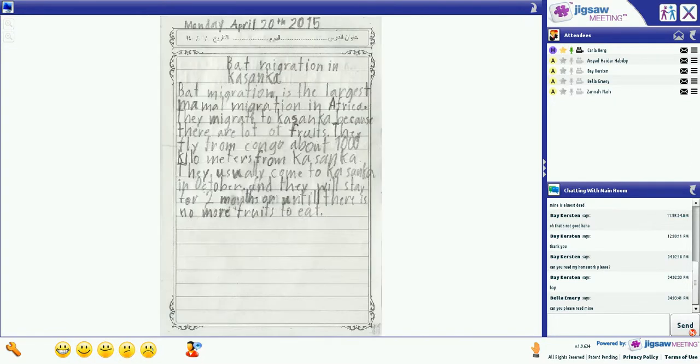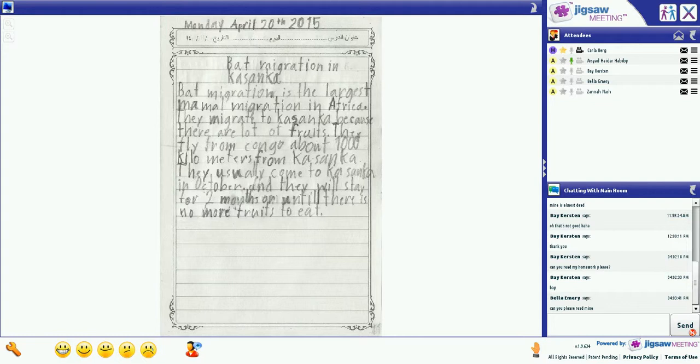And here we have Arsad did bats. Would you like to go ahead and share with us, Arsad? Bat migration in Kasanka. Bat migration is the largest mammal migration in Africa. They migrate to Kasanka because there are a lot of foods.